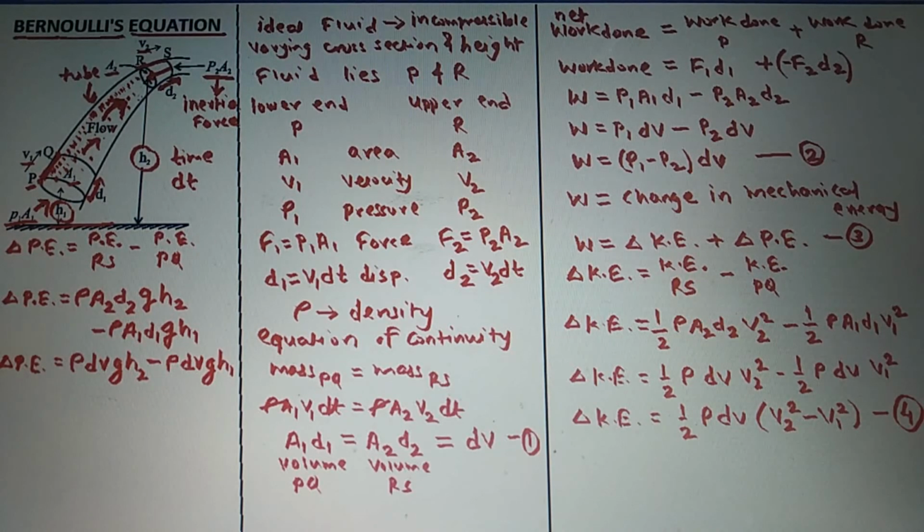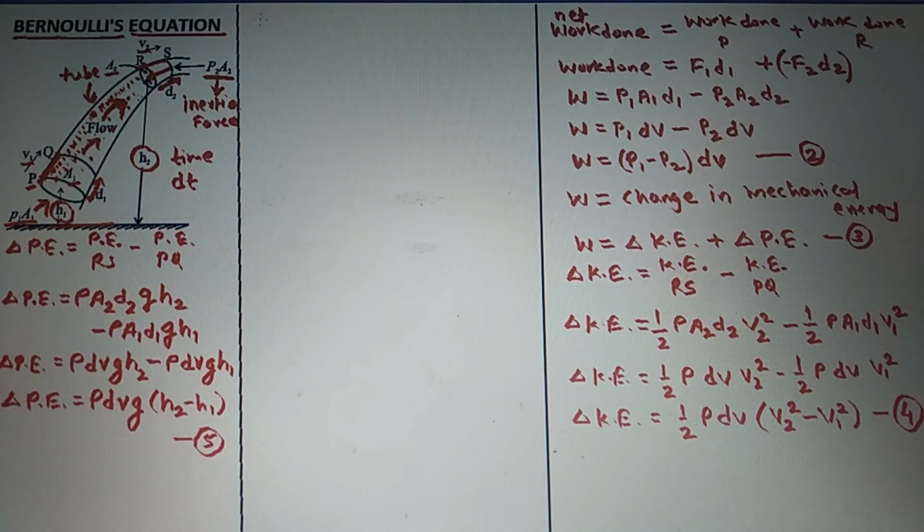If we take the density into volume into gravity common here, then we can write the change in potential energy is equal to density into volume into gravity, in bracket H2 minus H1. We will take this as equation number 5.